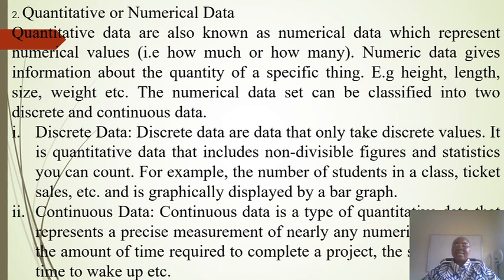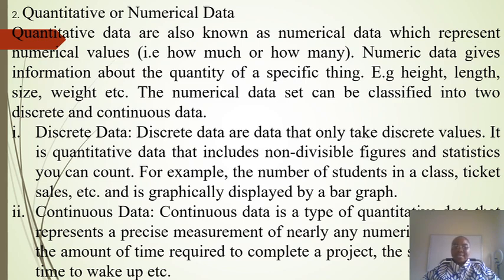What are discrete data? Discrete data are data that only take discrete values. It is quantitative data that includes non-divisible figures and statistics you can count. For example, the number of students in a class, you can count the number of students in a class, the ticket sales, etc. And it is graphically displayed by a bar chart.